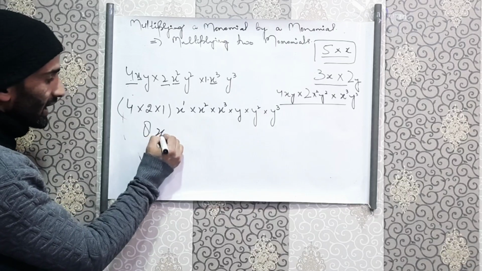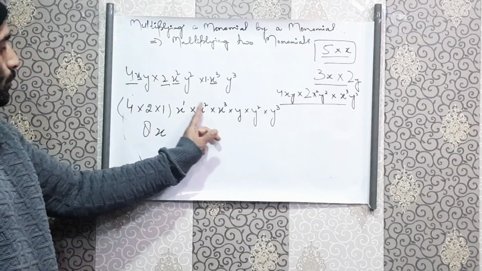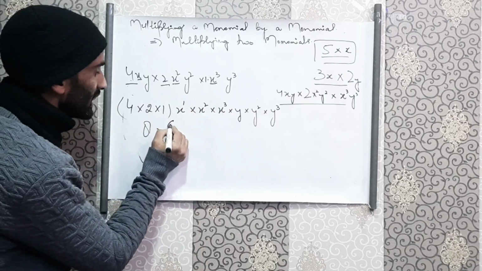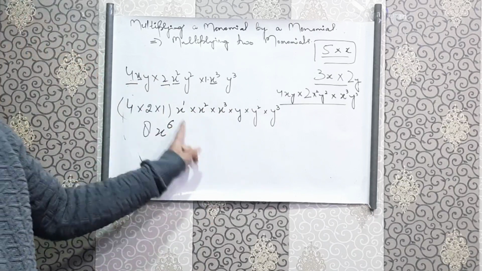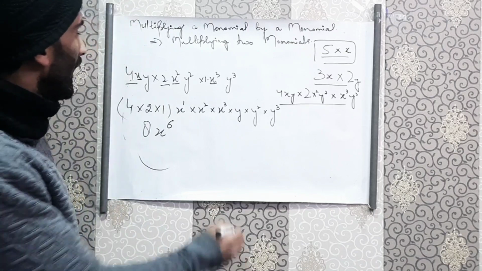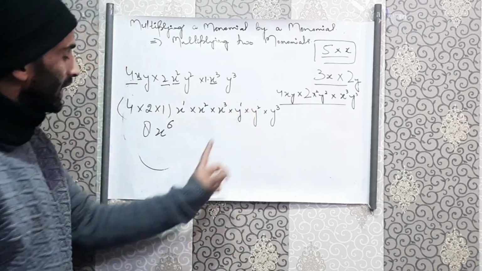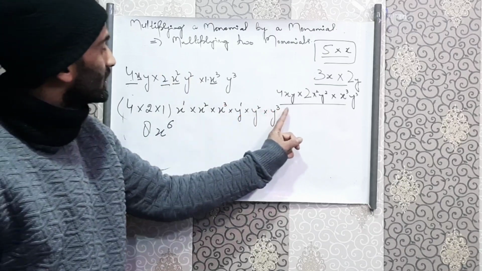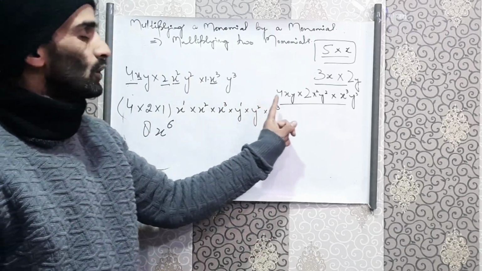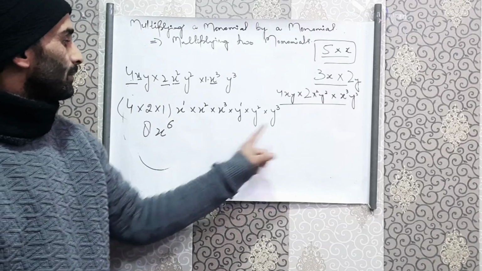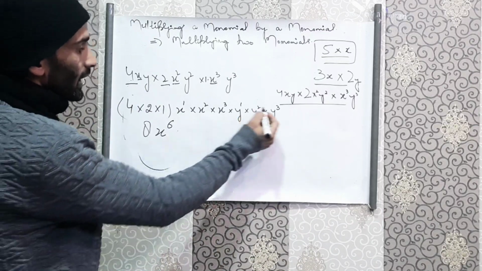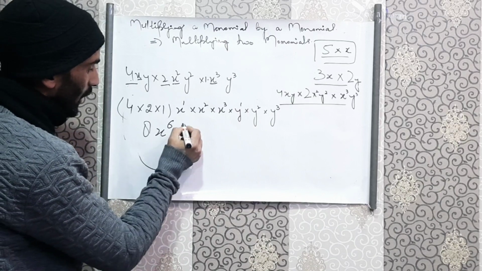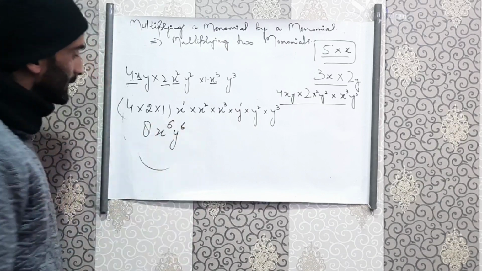So we can write x, 2 plus 1 is 3, 3 plus 3 is 6, so x raised to power 6. Clear? Now next, here also the base is y, and the powers are 1, 2, 3. Bases are the same, powers are added. So 3 plus 2 is 5, 5 plus 1 is 6. It is y raised to power 6.